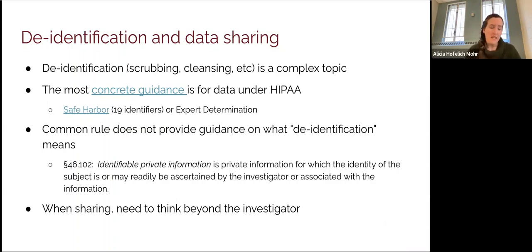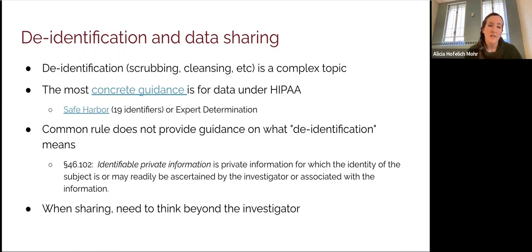The most concrete guidance that the university follows, and that's out there in general, is for health information protected under HIPAA. And that gives 2 methods of de-identifying to make that not be considered protected health information anymore: the safe harbor method, which is removing 19 identifiers, or expert determination of sufficient de-identification.